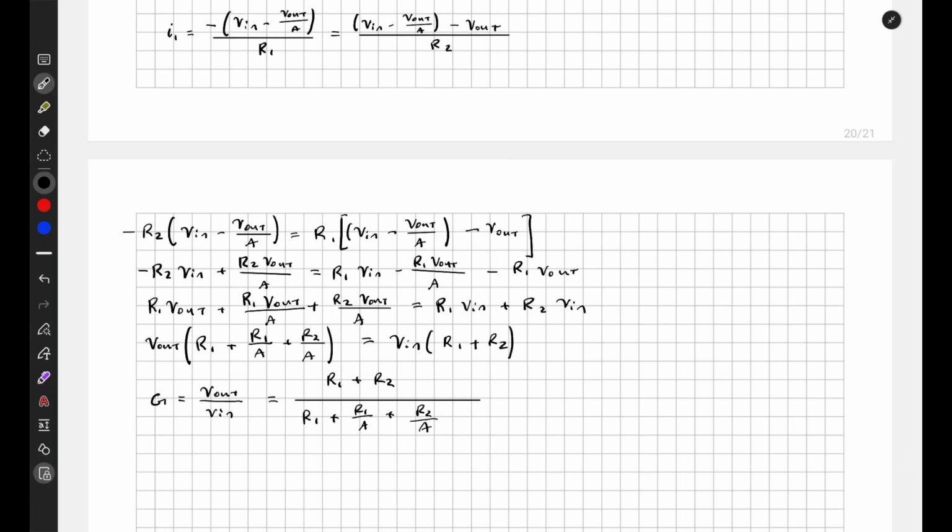but the textbook does some manipulations to this gain equation in order to demonstrate a couple of important ideas. So we're going to do the same.